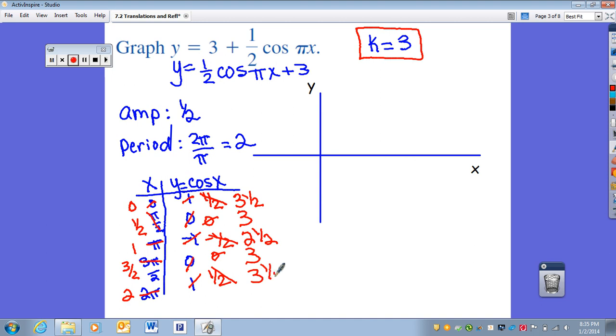And then we can go ahead and graph from there. So when we graph, we'll be at 1, 2, 3 units, and we will be at 0, and we'll be at 1/2, and positive 1, and 3 over 2, and positive 2.